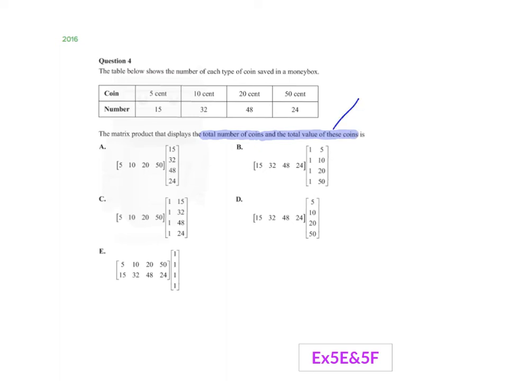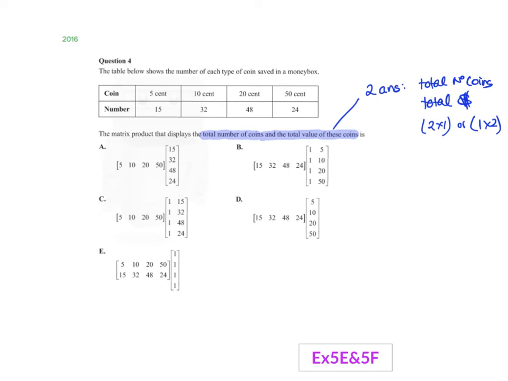So really, I want 2 answers, don't I? I want the total number of coins and I want the total value in the money box. So I need 2 elements, don't I? So I definitely need either a 2 by 1 or maybe a 1 by 2. That will give me 2 answers, won't it?